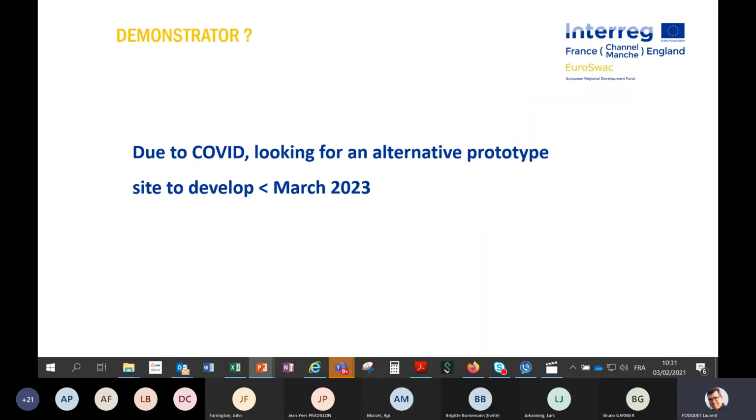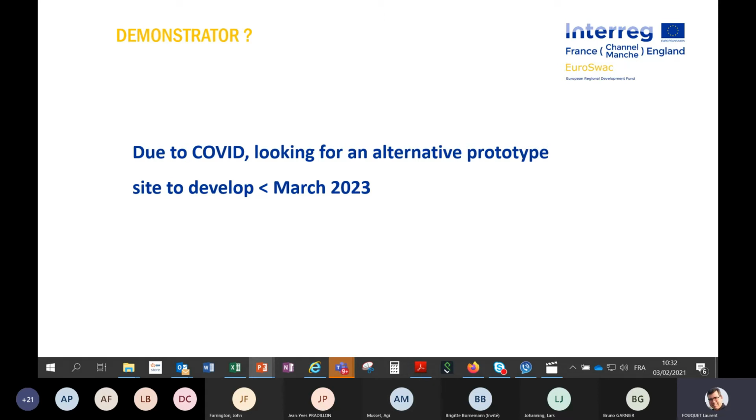Now I come to a main issue we have at the moment. It's the question of having a demonstrator for the technology in the channel area. So as you understand, we were supposed to develop the project for the Channel Tunnel, but as a consequence of the COVID, we cannot build the project in the constraint time we have of March 2023.